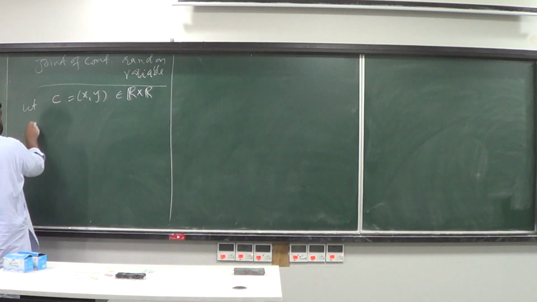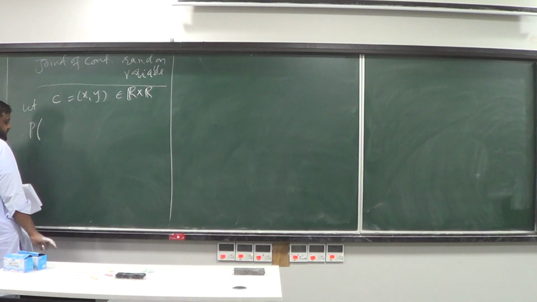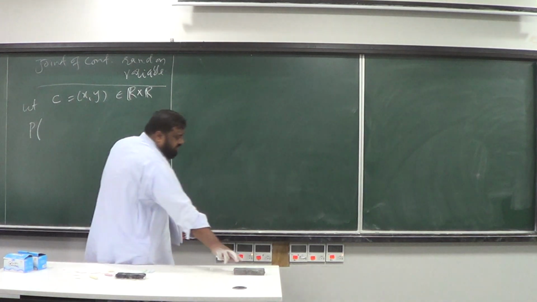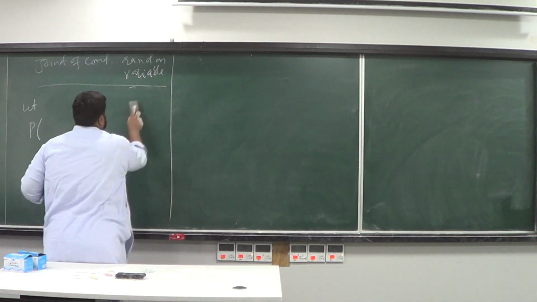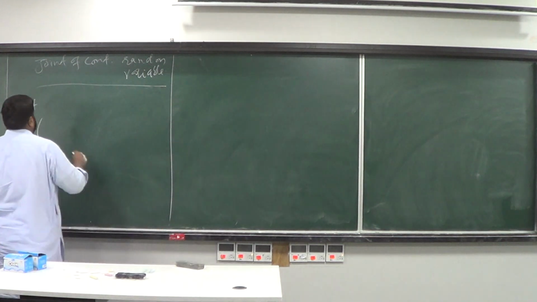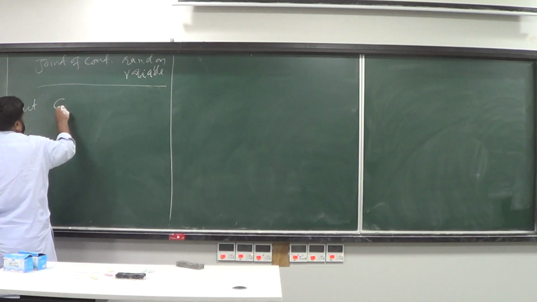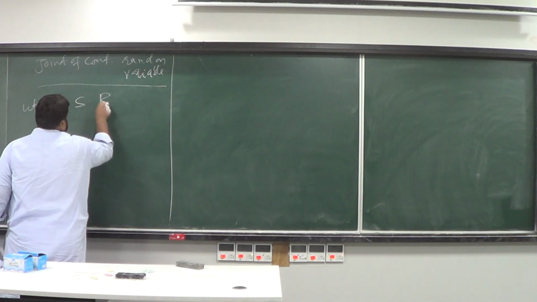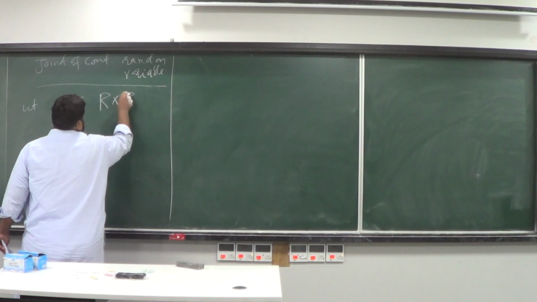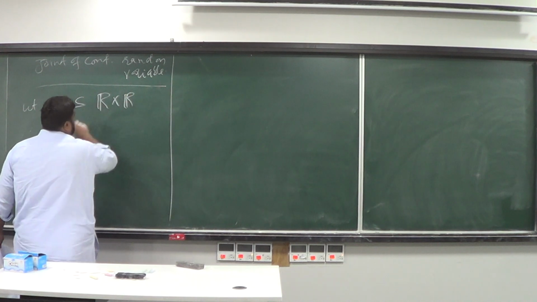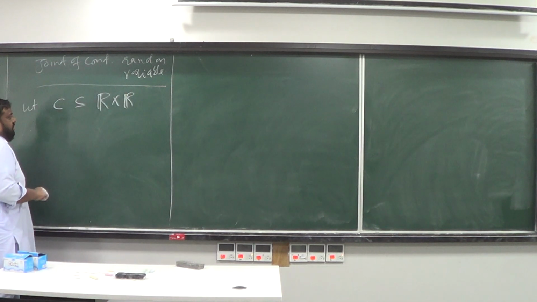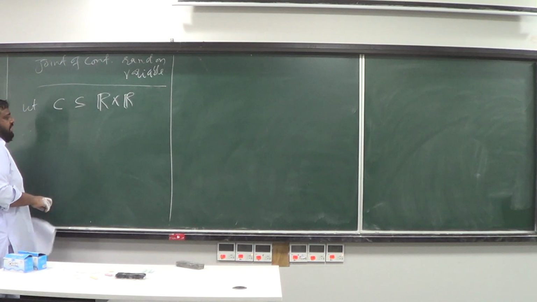Then what is the probability? Maybe the best is to say that C is a subset of R cross R. So what would be the meaning of a subset of R cross R?